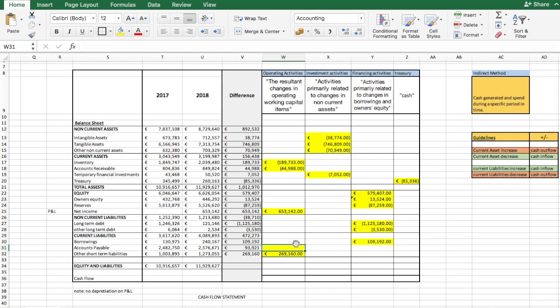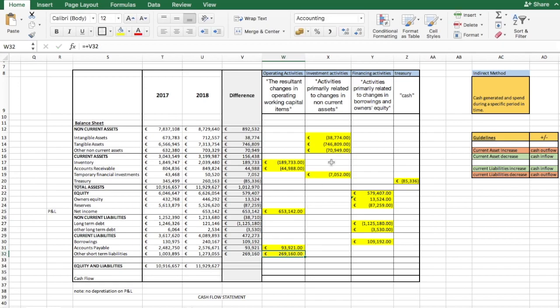That means that we receive the inventory, but we haven't paid for it yet. So this is a cash inflow because it increased, and that means that we're basically receiving free financing from our suppliers. So we just add the amount, and this is it.